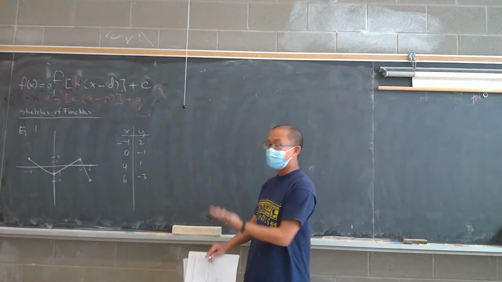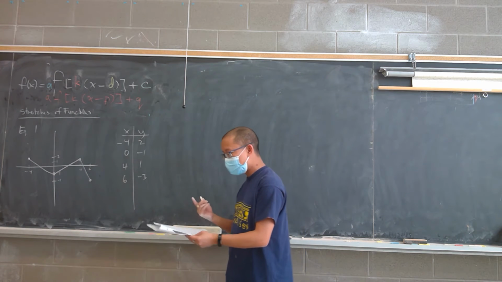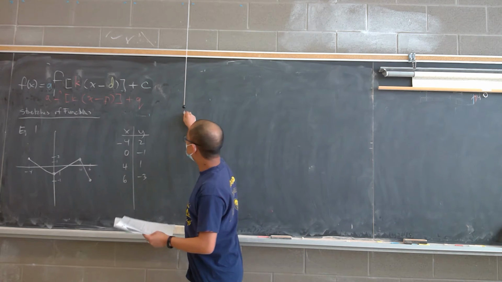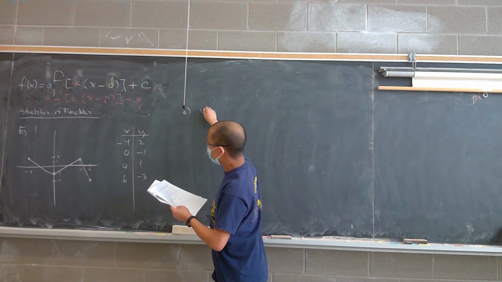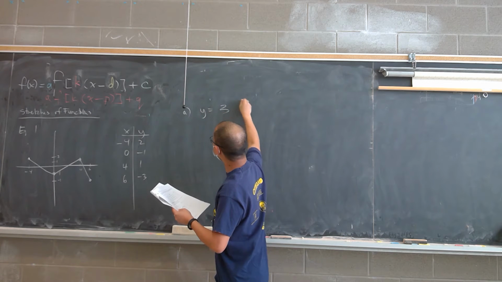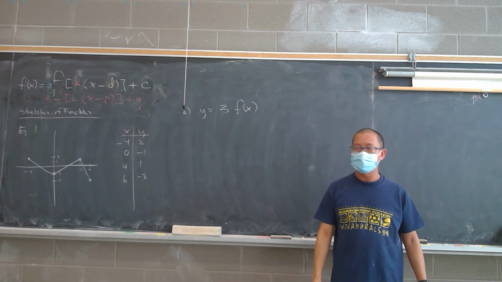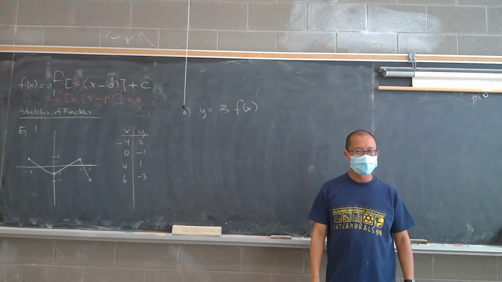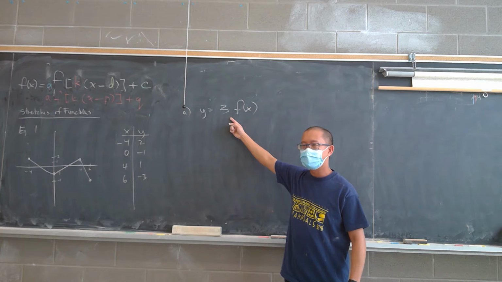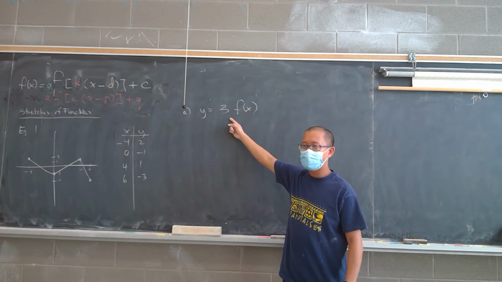Anyways, what we're going to be doing is example 1a. Example 1a is as follows: y is equal to 3 f of x. Now let me ask the class, and I'll give you a hint: is this 3 an A, a K, a D, or a C?